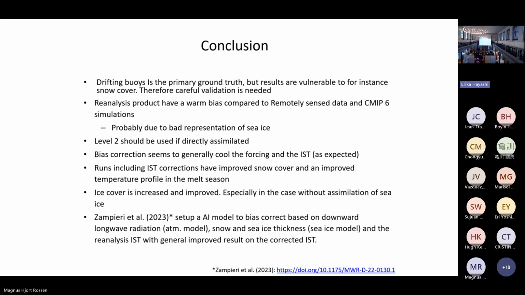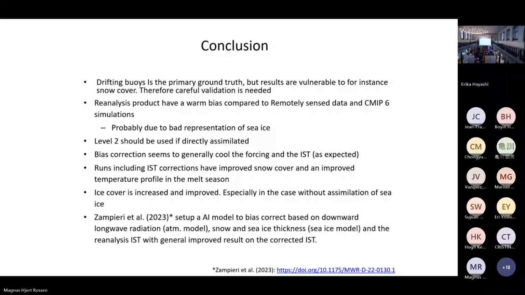Yeah. And to conclude, drifting buoys are ground truth, but they're also hard to include because they experience a harsh environment. And reanalysis products have a warm bias, especially ERA5. We hope that's fixed in ERA6, where they do a full coupled system.